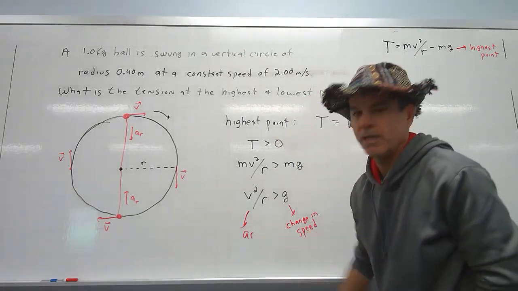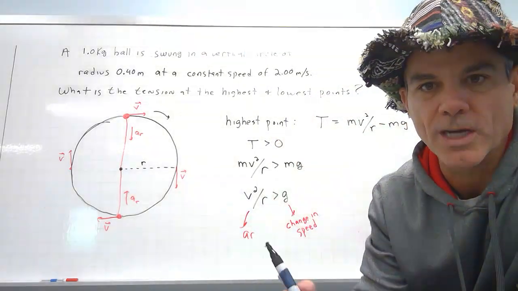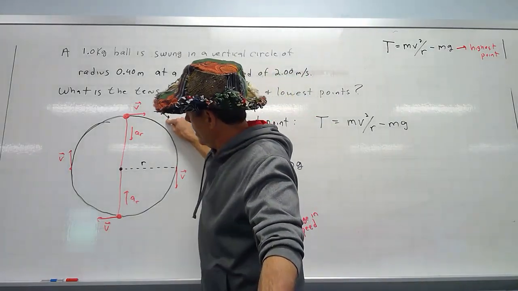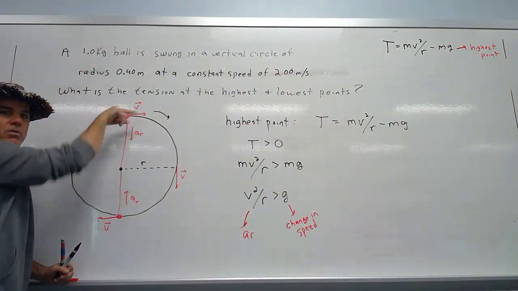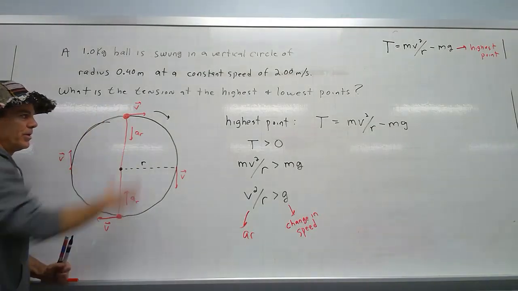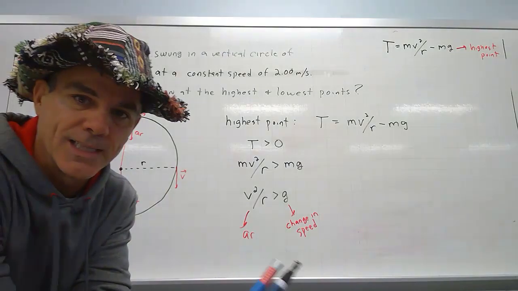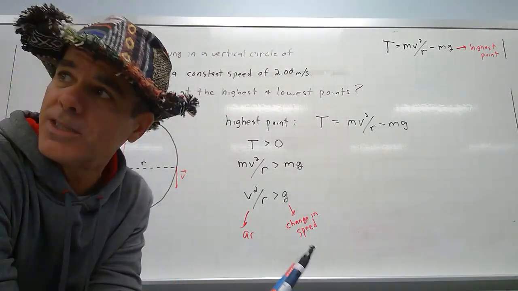And I can think of my radial acceleration as a change in direction. So basically at the highest point, I want the acceleration of this thing moving in a circular path to be greater than the acceleration of it dropping straight down and increasing its velocity by 9.8 meters per second every second.